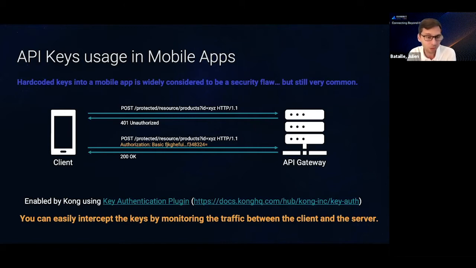So what's wrong with API keys? The first problem is that it's fairly easy for an attacker to intercept the key by monitoring the traffic between a mobile app and the server. Once attackers obtain this key, they will be able to perform requests to your backend, and it will become very difficult to distinguish traffic coming from your app and traffic coming from an attacker.